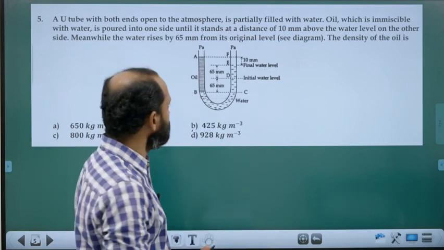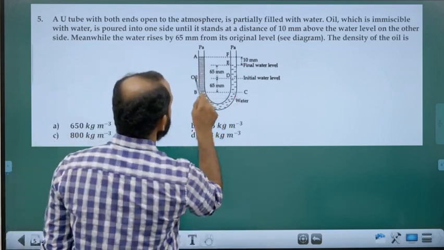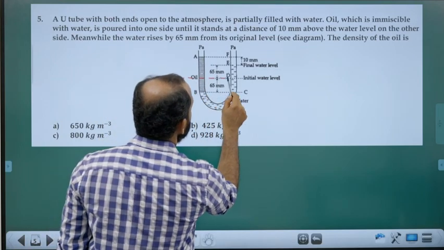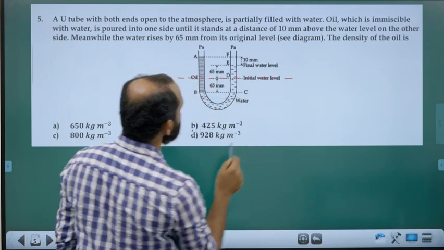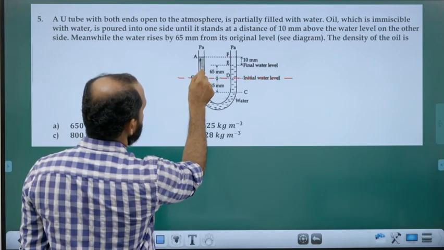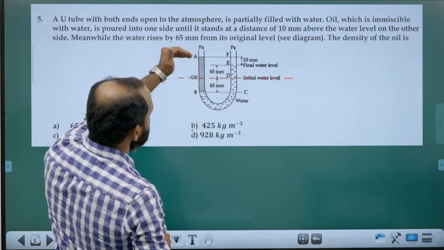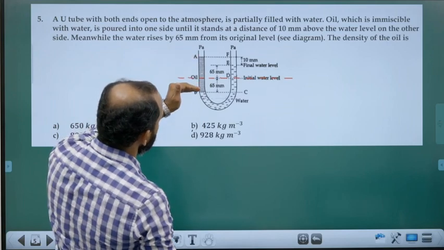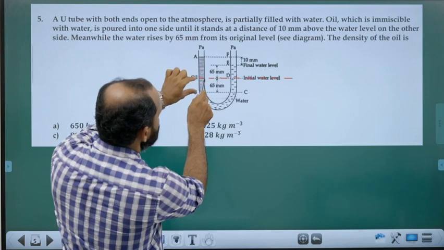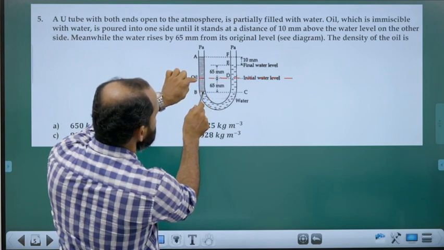Let us examine the picture. The original level of water, let me indicate using this red dotted line. This is the initial level. Now oil, which is immiscible with water, is poured, which compresses the left arm. Now the water level in the left arm goes down by 65 millimeter.